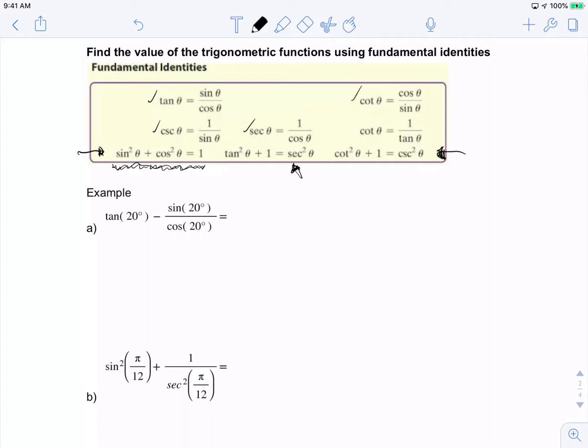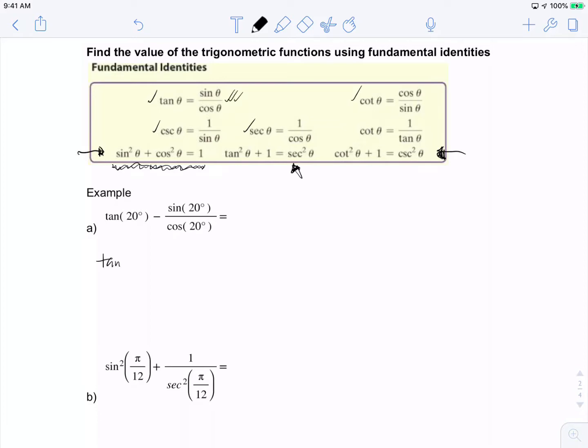So let's do an example using those to see if we can solve these problems. So tangent of 20 degrees, unless we used a calculator, we couldn't really figure this out. But right now what we're trying to do is do it algebraically, and so I see that sine over cosine is this tangent one, so I'm going to do that.